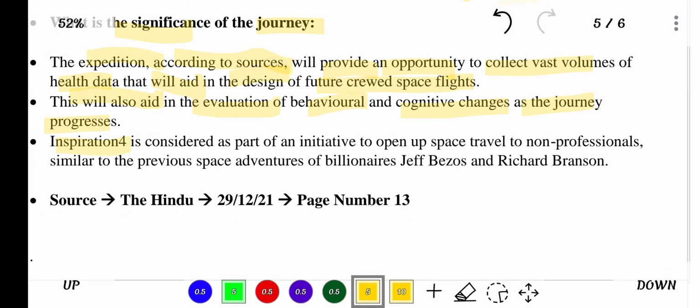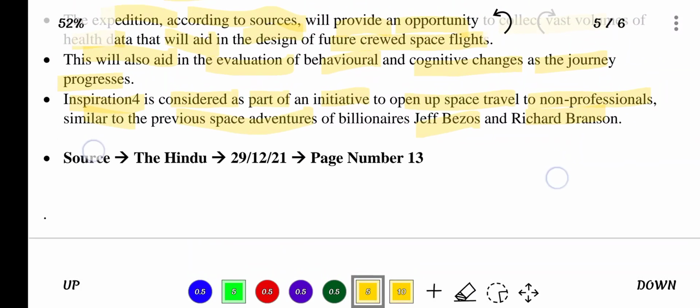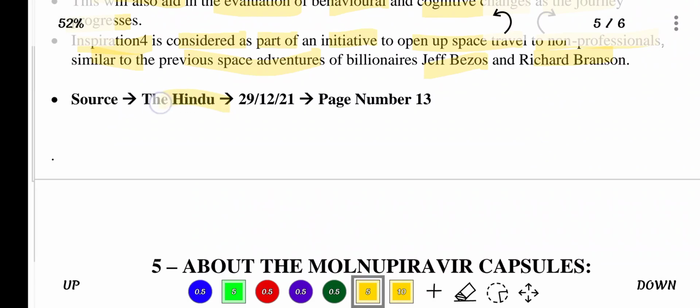Inspiration 4 is considered part of an initiative to open up space travel to non-professionals, similar to the previous space adventures of billionaires Jeff Bezos and Richard Branson. So the source of this news is The Hindu of 29th December 2021, page number 13.